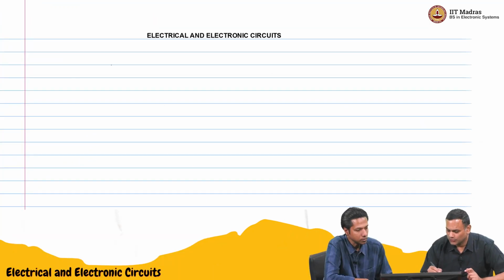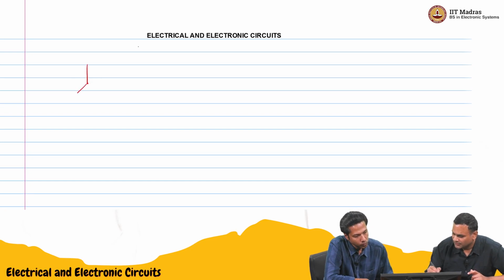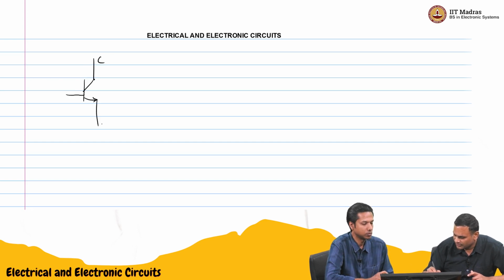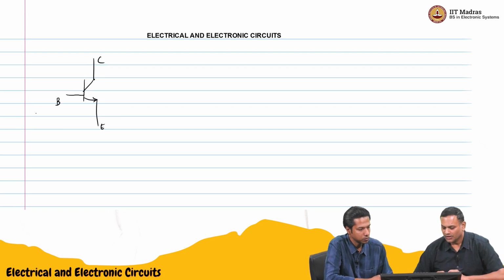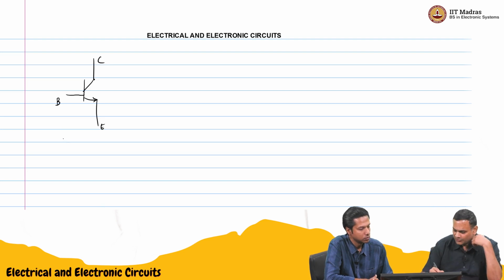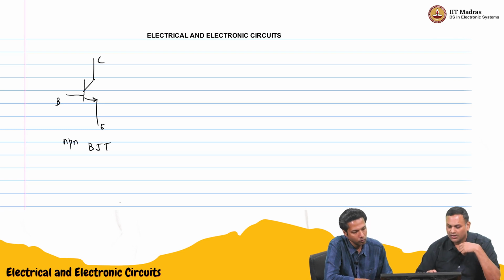So we'll start with the BJT. Okay. So this is our collector, emitter, and base. So this is your NPN BJT.